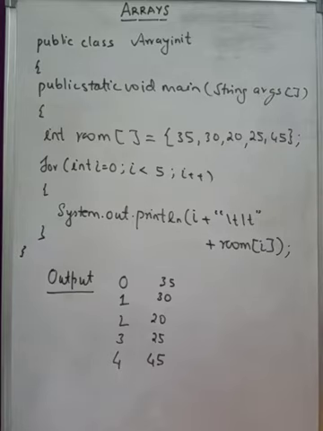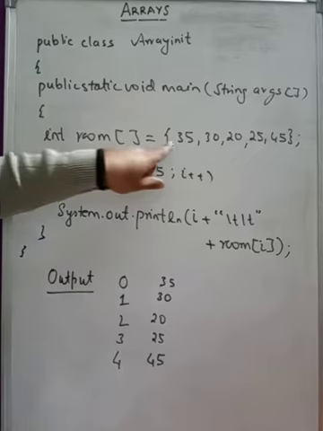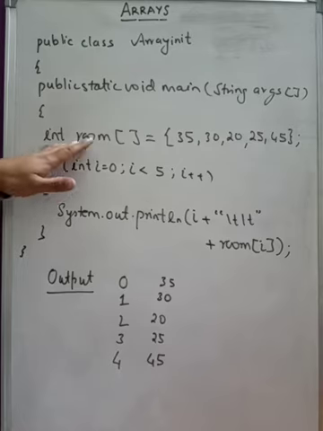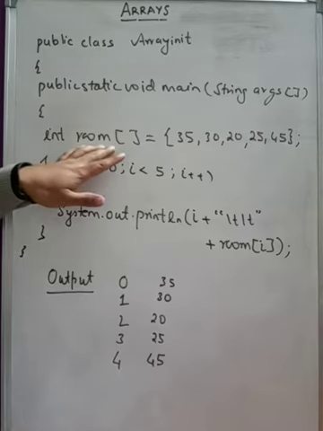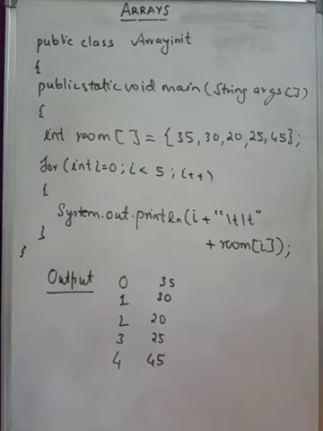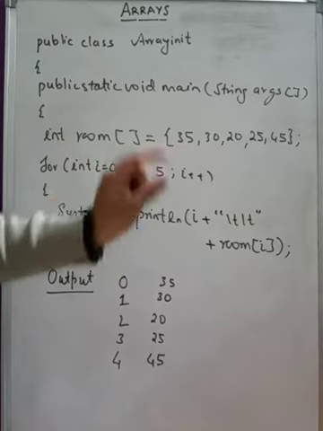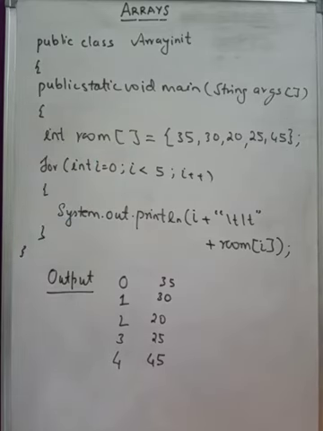But in this program, when we are defining an array, we will first take up the values for this array, that is room, and then we will use a for loop, and with the for loop we will be accessing all the elements of the array.